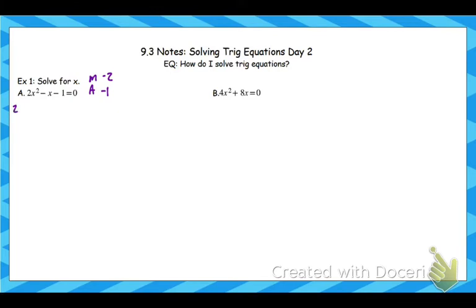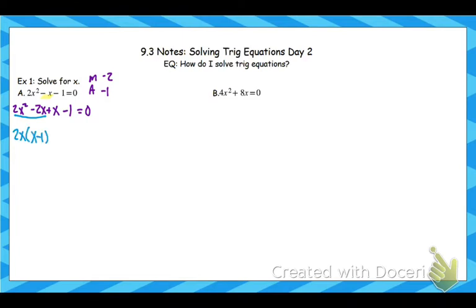Then we rewrite the first term. Then we change the middle number into the two numbers we just came up with, so -2x plus x. And then we keep the last number. Then we use a process called grouping. We look at these first two terms and take out what's common. Both of those terms have a 2x. If I take out a 2x, I'm left with x minus 1.